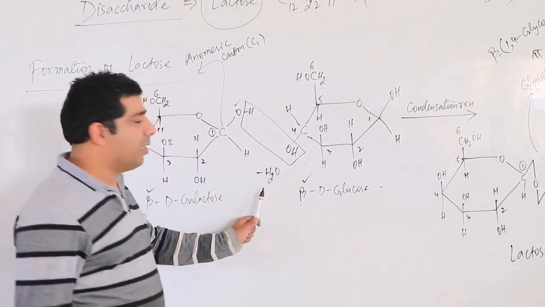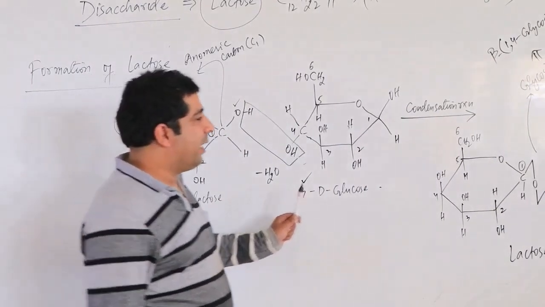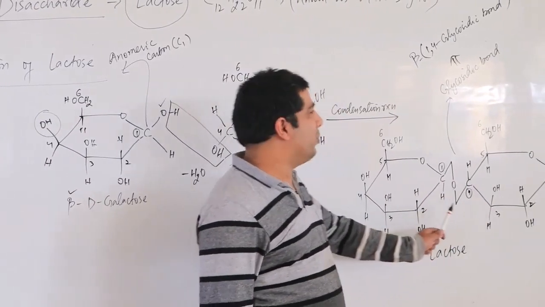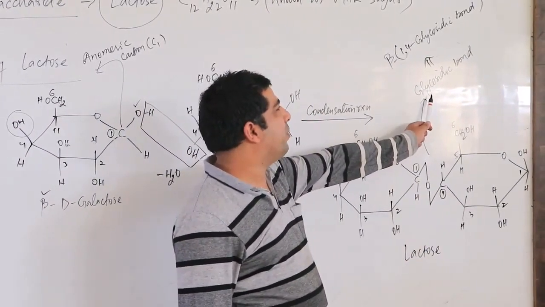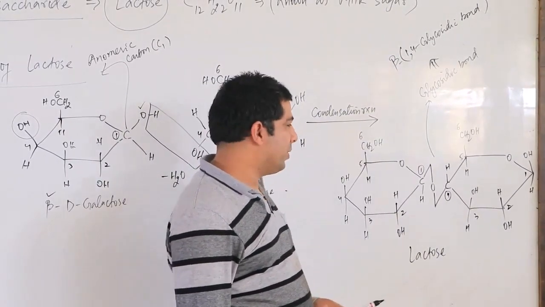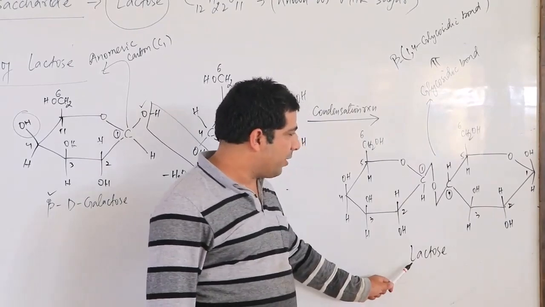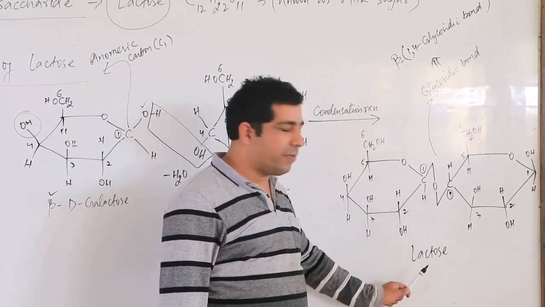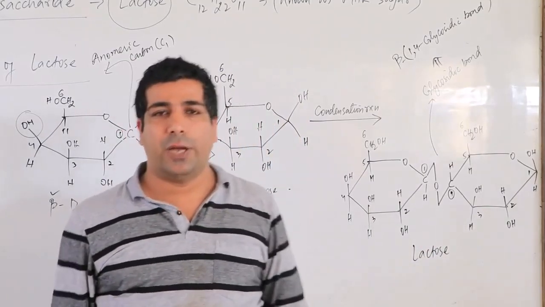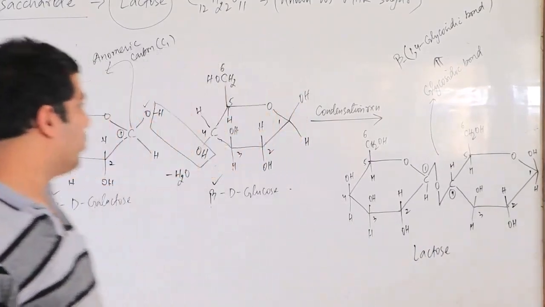Condensation reaction means loss of water, and now there is a formation of a C-O-C bond. That C-O-C bond is called the glycosidic bond, and it's also known as the beta 1,4 glycosidic bond. Now this is the formation of a disaccharide, and that disaccharide is your lactose. I hope you have understood. Please make note of this.